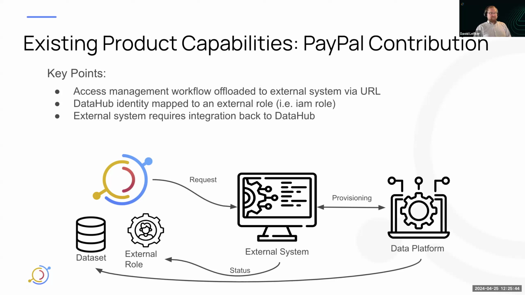This might be useful if you already have an existing external system which is already managing your requests. The external system is responsible for provisioning access to that IAM role, and then it's also responsible for updating the status, the fact that it was provisioned, back into DataHub. So this is, again, a very lightweight touch, and definitely relies on a lot of external integration with DataHub in order to actually make this work.